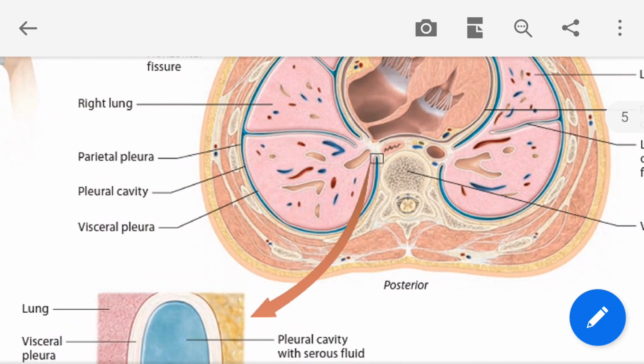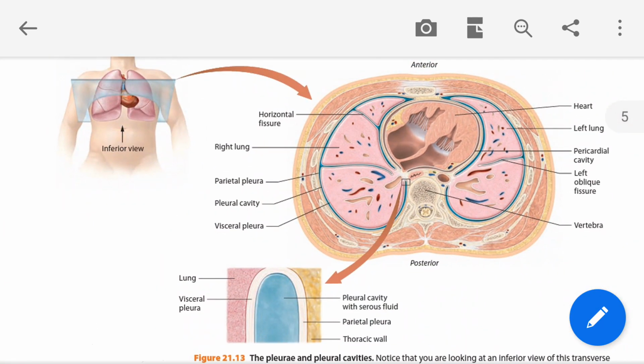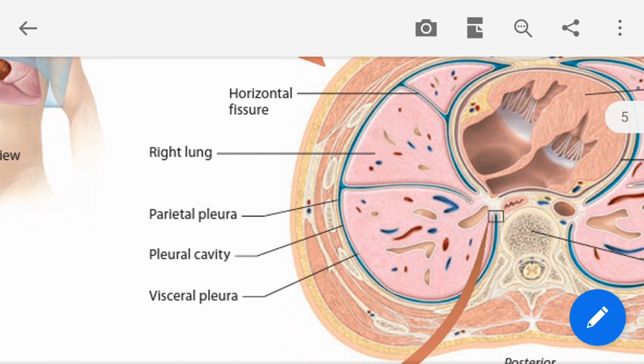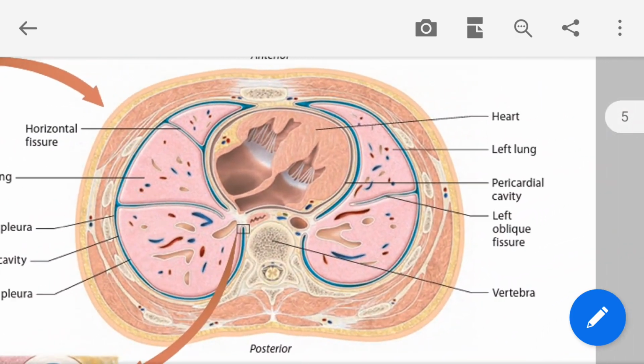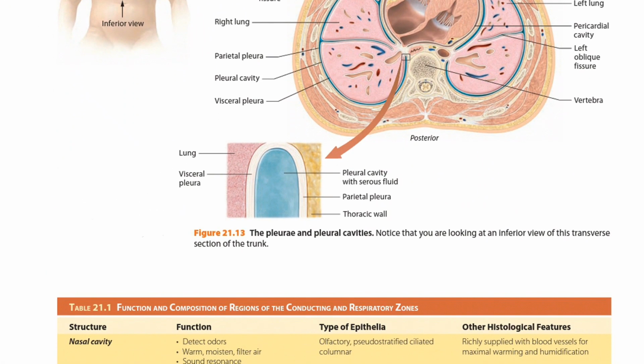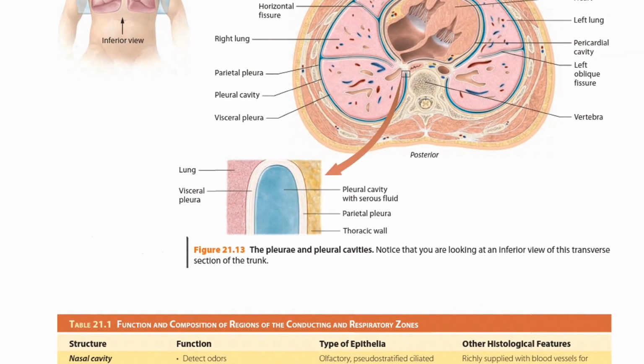Now this part, see, they have zoomed. First you see the right lung, parietal pleura, visceral pleura, then the pleural cavity you see. And here you see visceral pleura, pleural cavity with serous fluid, parietal pleura, thoracic wall, lung.